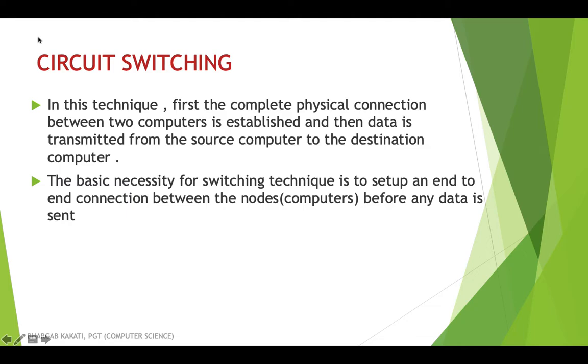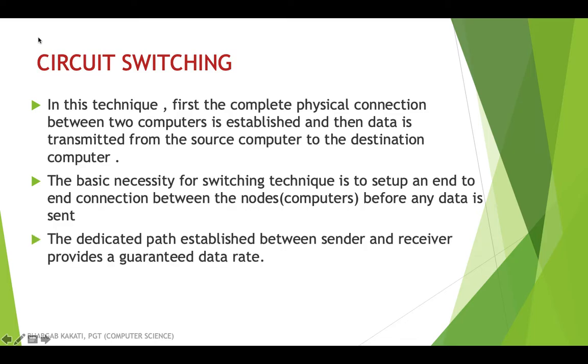This process of reserving the entire path occurs before any data is sent from the sender to the receiver. First work is reserving the entire path, and only after that does data transmission take place.